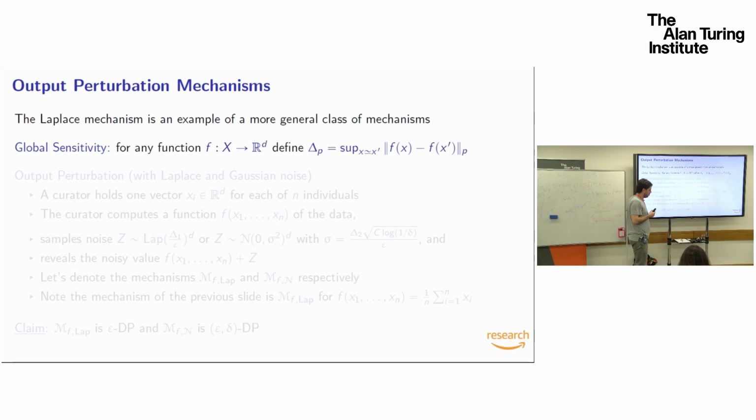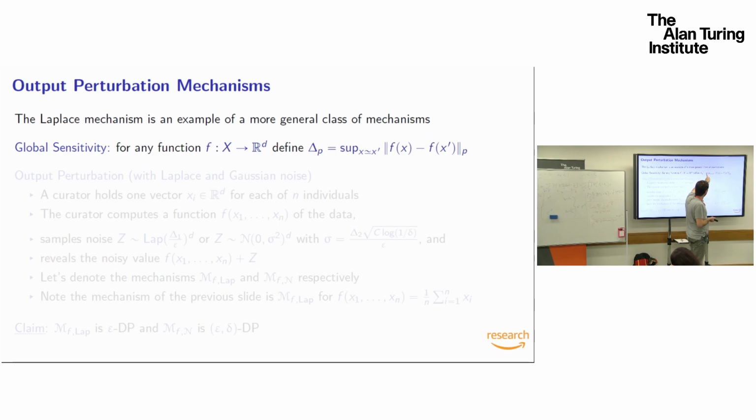And the goal is to see how we can take these arbitrary data analysis procedures and make them differentially private. And to do this, one way is to do output perturbation. So in output perturbation, what you do is you say, okay, I have this F that I want to compute privately, so I'm going to define the global sensitivity, which is how much F can change when I change one individual in the data set, right?